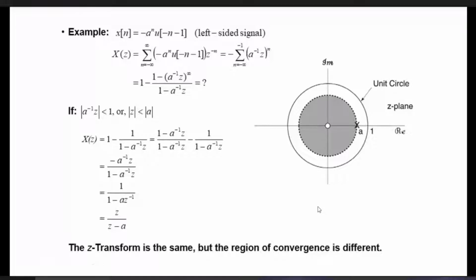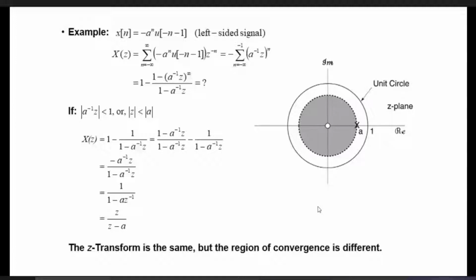Sir, on the negative side, the signal will exist at amplitude 1 till minus 1. Afterwards, it will be 0. Okay, that means from n equal to minus 1 to n equal to minus infinity, the signal value is 1, isn't it?